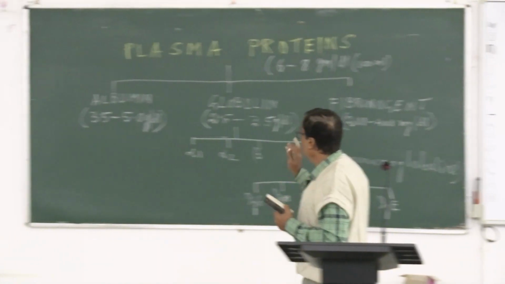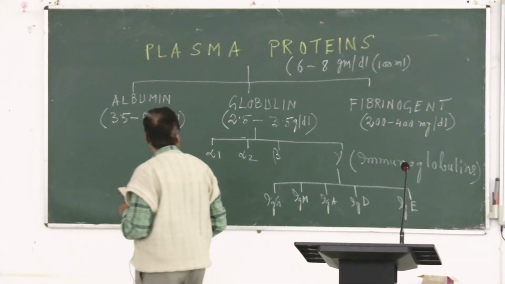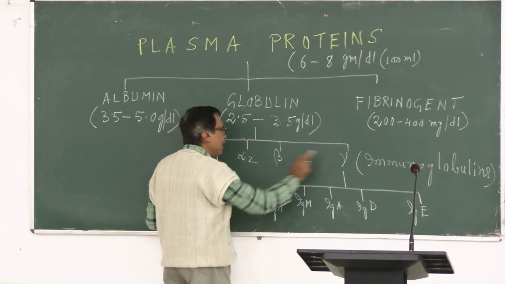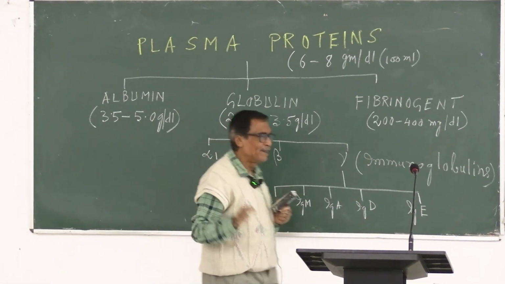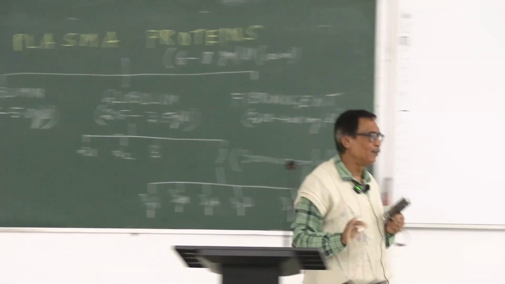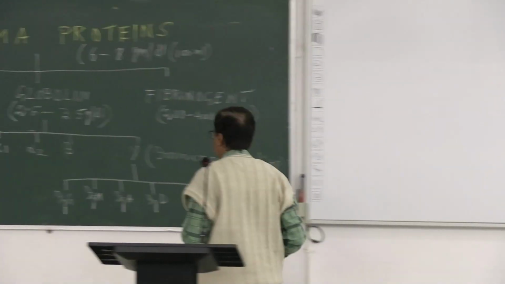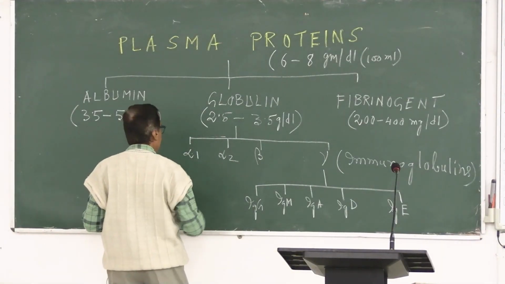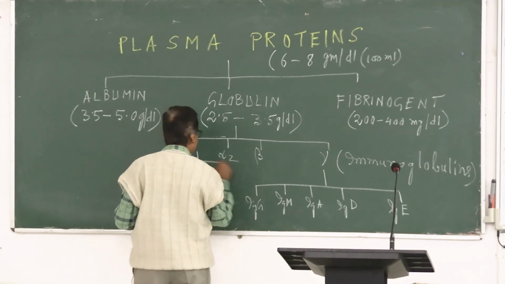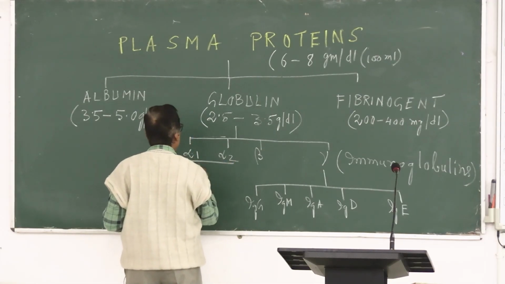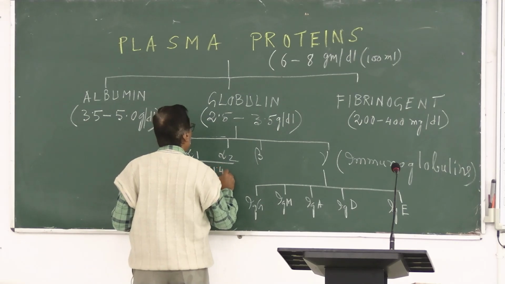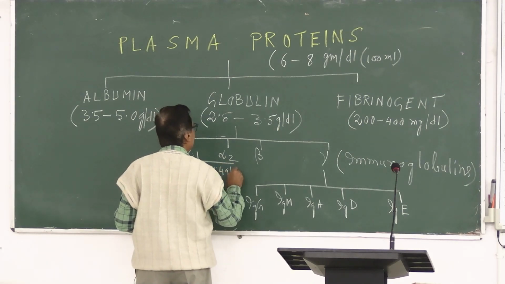So this is the classification of the plasma protein: albumin, globulin, fibrinogen. Globulin: alpha 1, alpha 2, beta, gamma. Beta can be separated into beta 1 and beta 2, but I will not separate it here. Total alpha concentration is more or less 0.4 to 1.4 gram per dl.